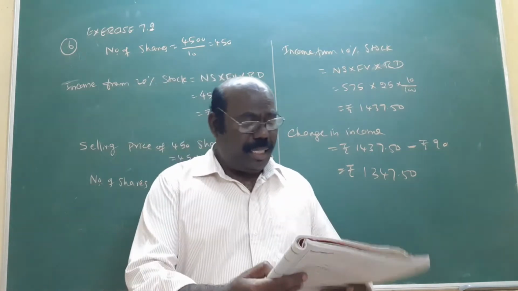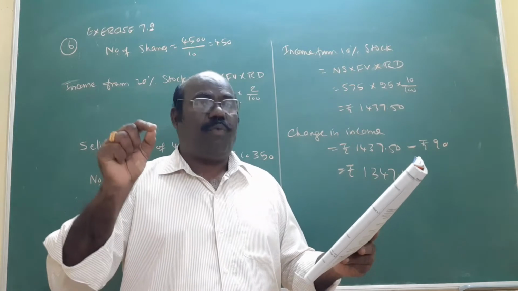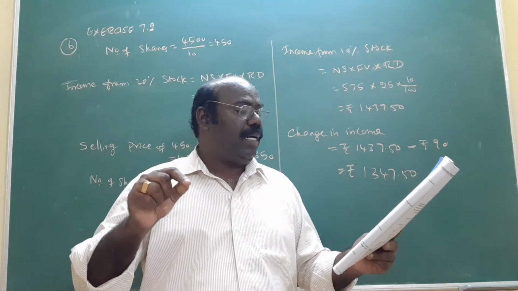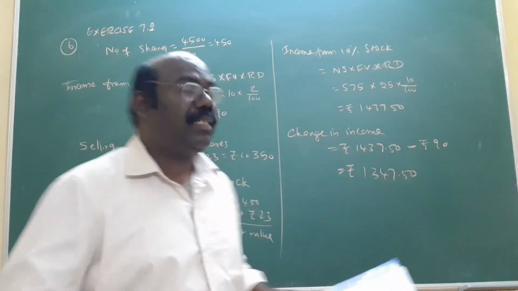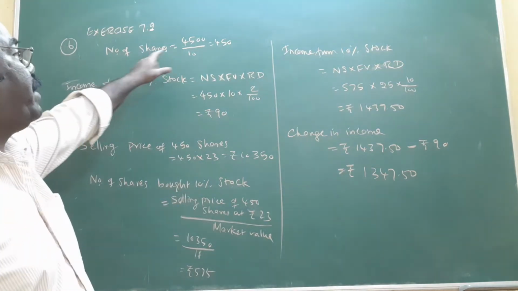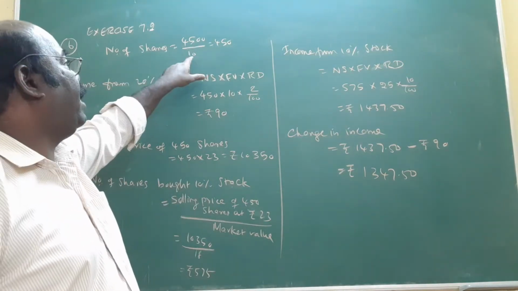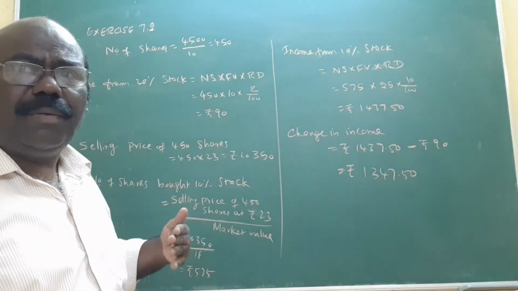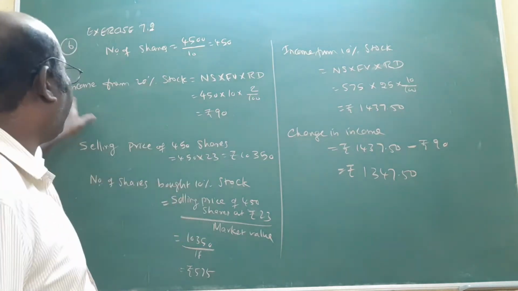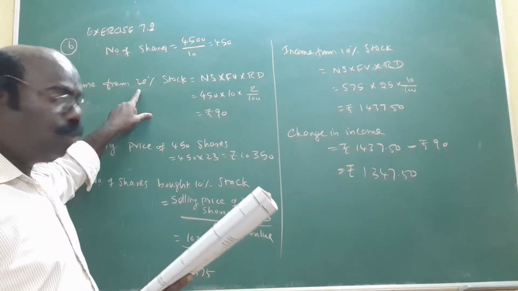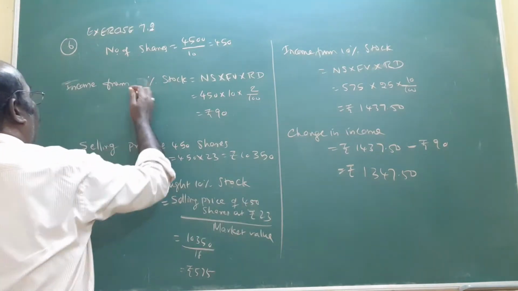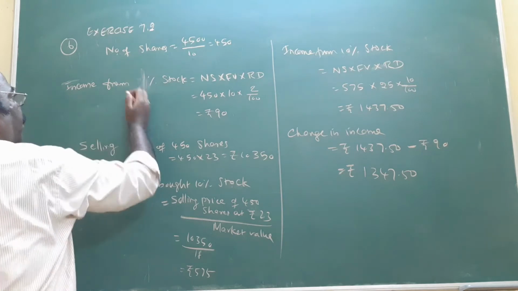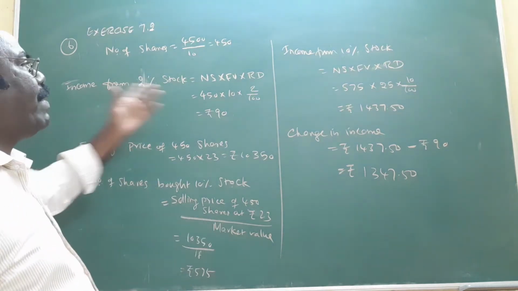Now, the first one: Sundar bought 4,500 of rupees 10 shares. So first start with the number of shares: 4,500 divided by 10 is 450. Our income is from 2% stock. What is the formula?